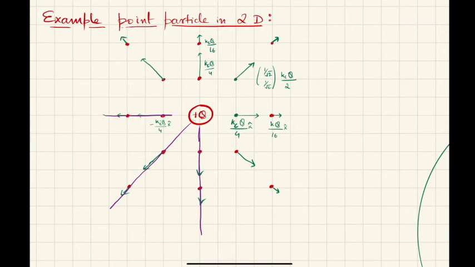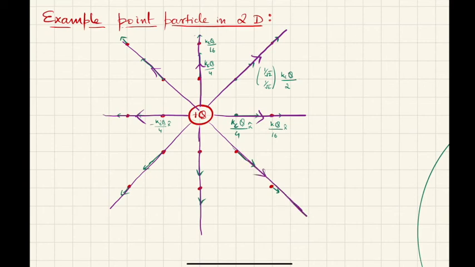Similarly, connect all these arrows and these arrows, and just indicate the directions for all these electric field lines. Okay, so that's the representation we're using, electric field lines. And in purple, I'm showing you how I would draw out the electric field lines.